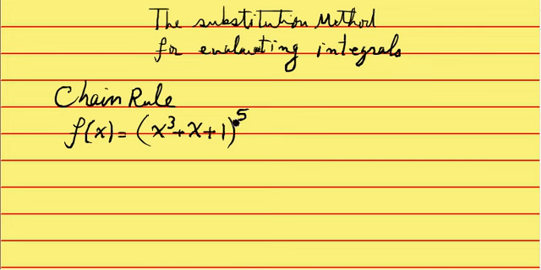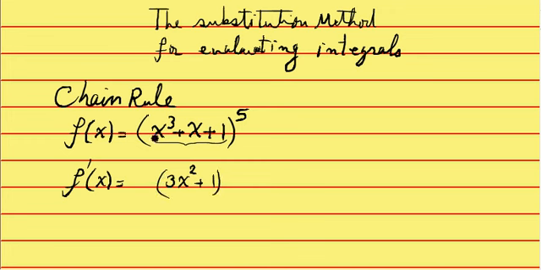How would you differentiate this? Chain rule would say that to differentiate, take this item as a separate item, perhaps call it by some other name such as G or U, and differentiate that one. So that's going to be 3x squared plus 1.